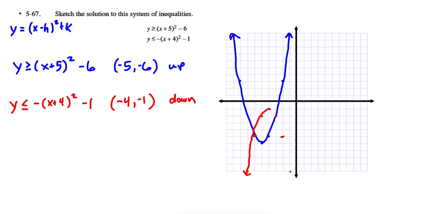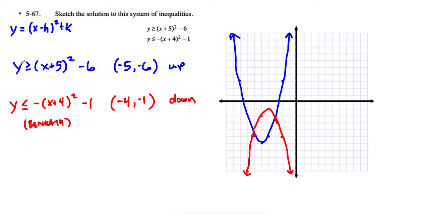Ooh, that was shaky. There we go. Oh, I can't live with that. Alright, and with this one we're going to shade beneath because we want all the y values that are less than or equal to.